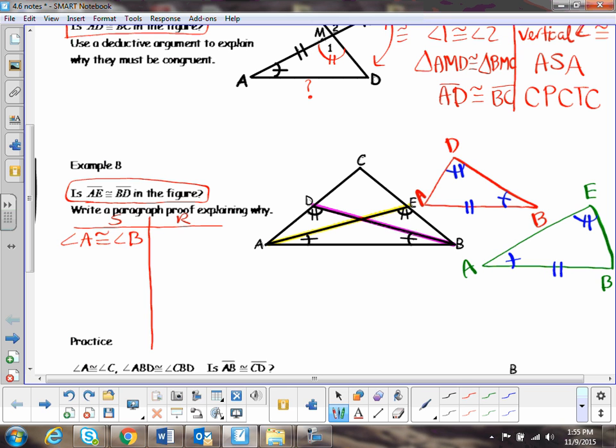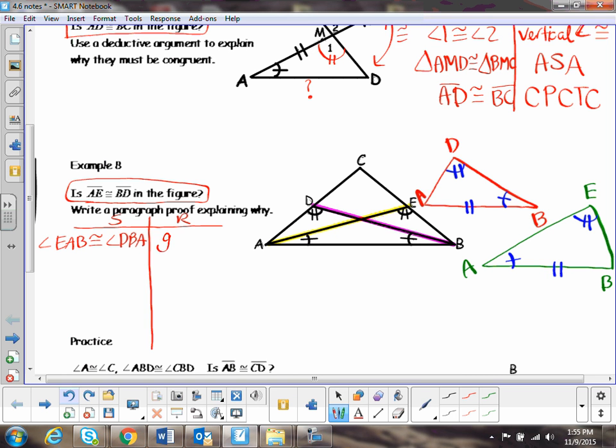So we can't do it that way. How many letters, guys? 3 letters. So we'll say angle AEB is congruent to angle DBA. We have to use 3 letters.